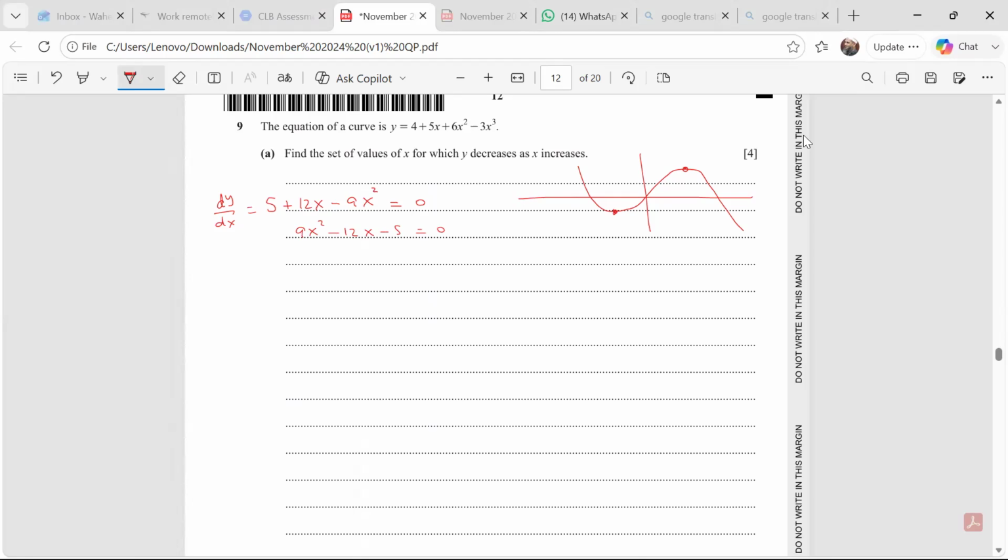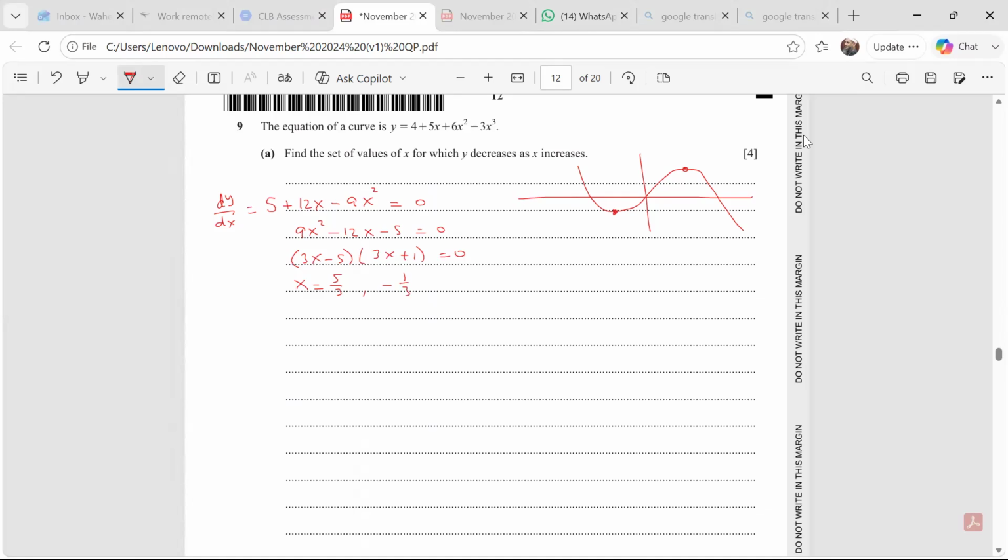This expression can be factored as (3x minus 5)(3x plus 1). I hope you can do the factorization, it is pretty straightforward. From here we find that x equals 5/3 and minus 1/3. These are the two roots.